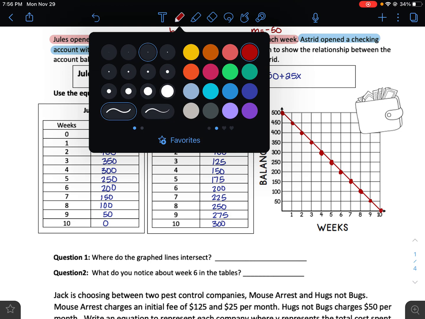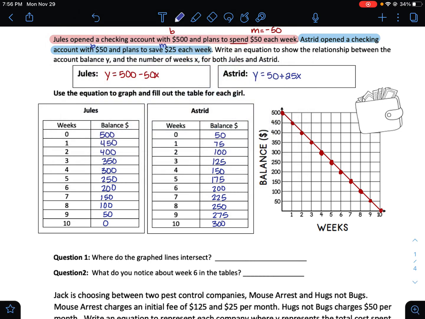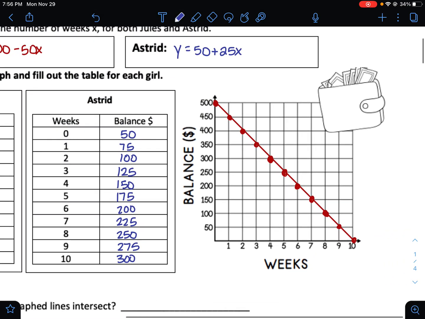Okay. Then I'm going to graph Astrid's table. So I'm going to zoom in a little bit. Now, this one, I'm only going to graph the ones that are in increments of 50 because of the scaling on the graph. I don't want to have to guesstimate where 75 is. I can, but I don't really want to do it.